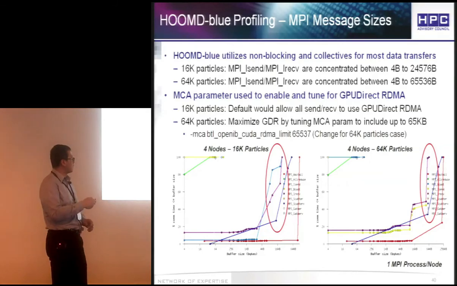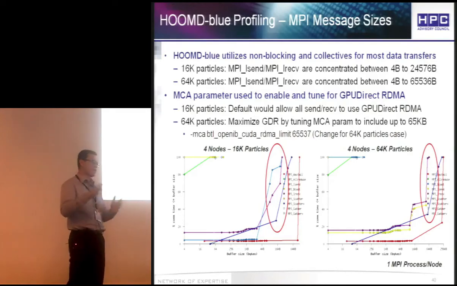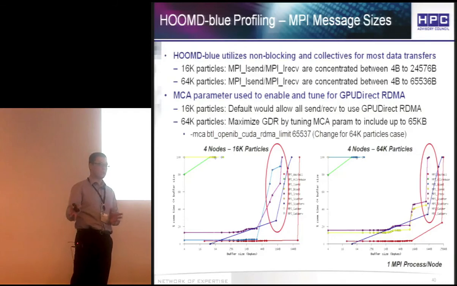If about 95 to 100% of the message sizes take place right here, then I would need to adjust the GPUDirect RDMA limit for that size, because after that limit, GPUDirect RDMA is not going to work.